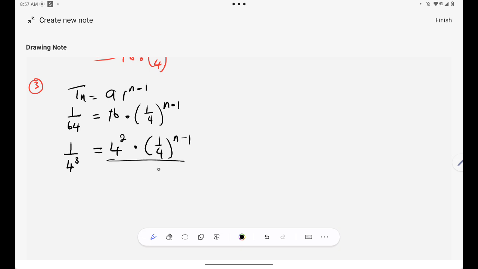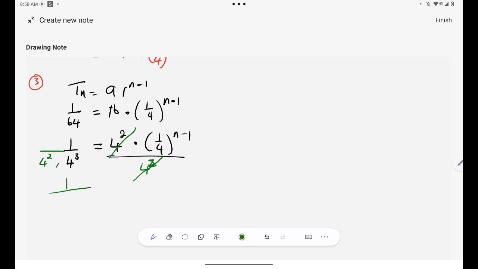That means I have to divide both sides by 4 squared, because I want to isolate the base with an unknown exponent. This will cancel this. I'll be left with 1 over 4 squared multiplied by 1 over 4 cubed. The bases are the same, so I can just add the exponents.